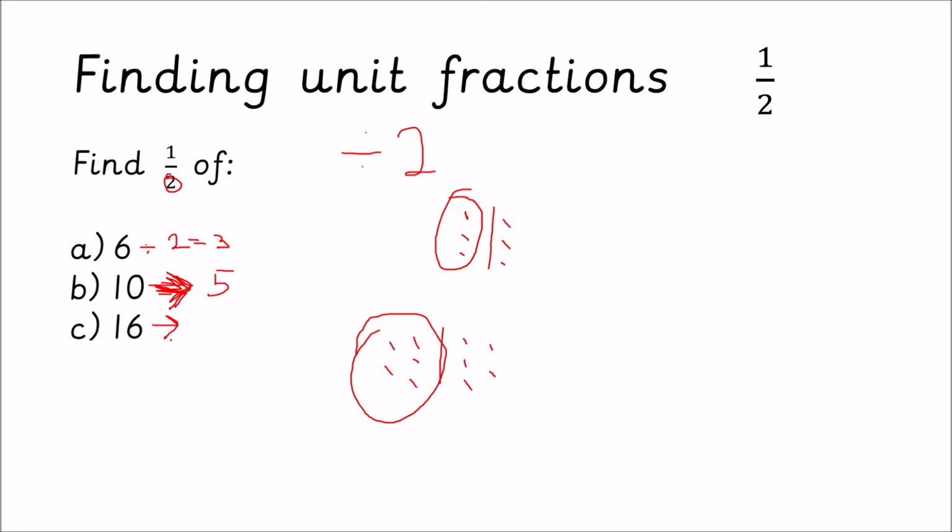For those who don't, you could do your line down the middle and just count until you get to 16, putting 1 in each as you do. Alternatively, you could think to yourself, well, I know already that 10 divided by 2 is 5 and 6 divided by 2 is 3. If I add 5 and 3 together, that gets me 8. So a half of 16 must be 8.